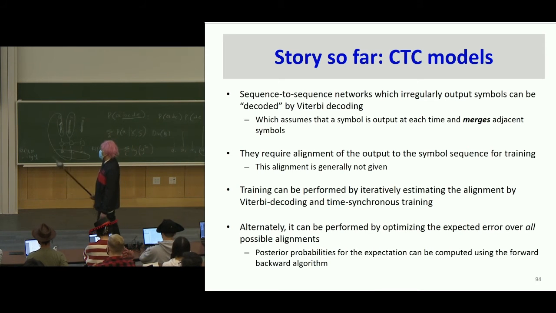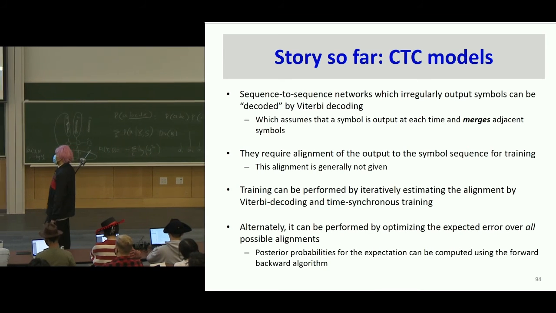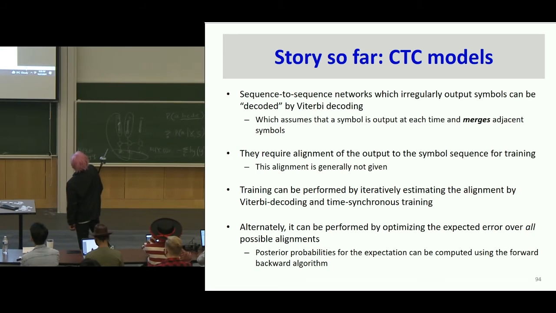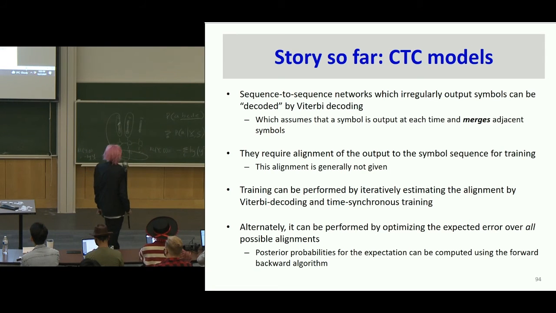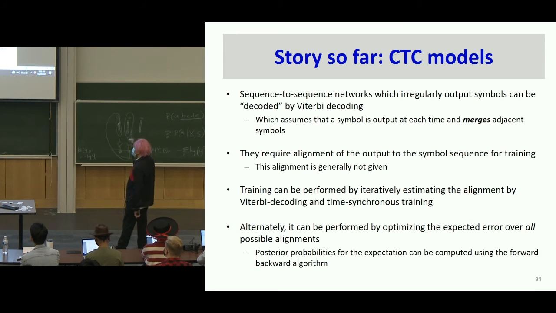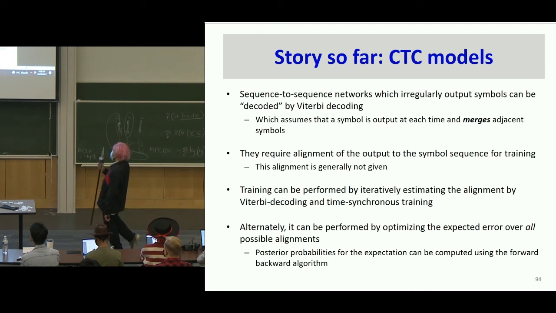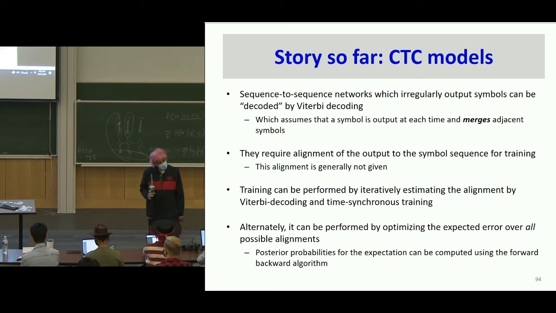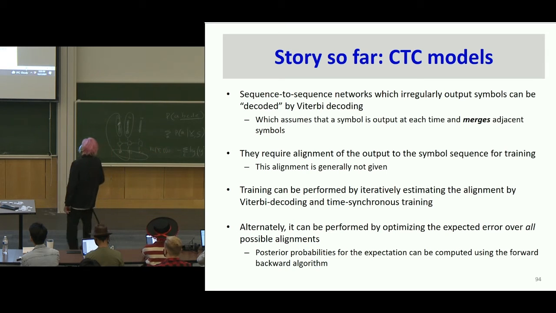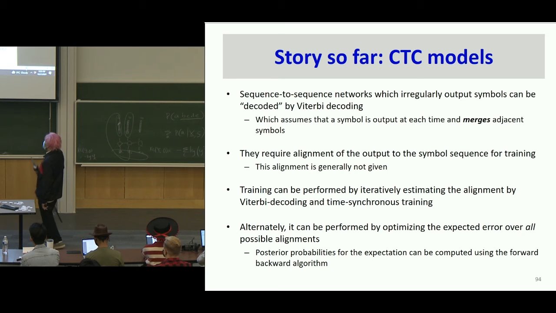So here's the story so far. Sequence-to-sequence networks which irregularly output symbols can be decoded using Viterbi decoding, which assumes that a symbol is output at each time and then merges adjacent symbols. Wasn't a great idea. We'll return to that. They require alignment of the output to the symbol sequence for training.